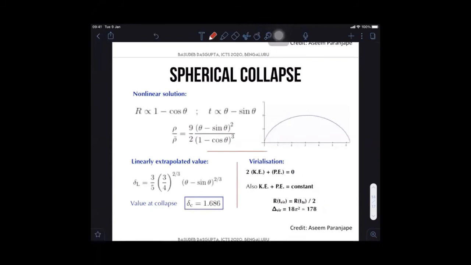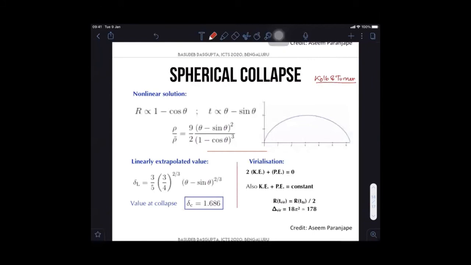Okay? So these are things that are done routinely. You can, for example, follow Kolb-Turner, where this is done very nicely. The main important thing to know is that it starts collapsing roughly when the overdensity has some value that looks like 1.68. Again, these are numbers that you will see often in cosmology papers. It's useful to understand where they come from.